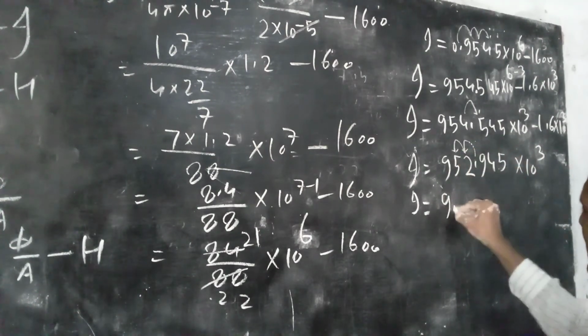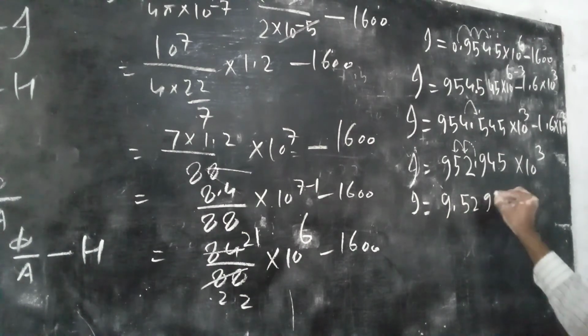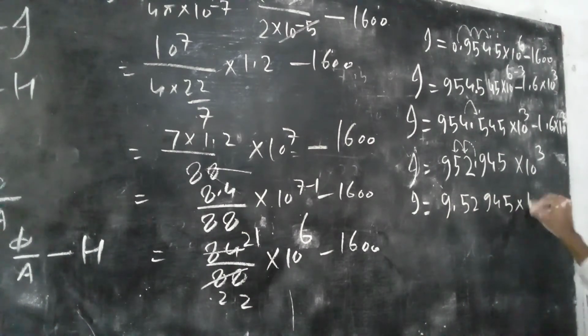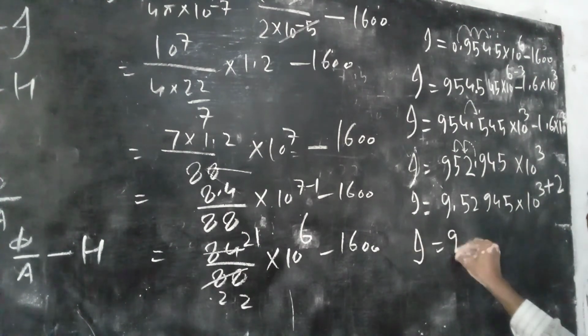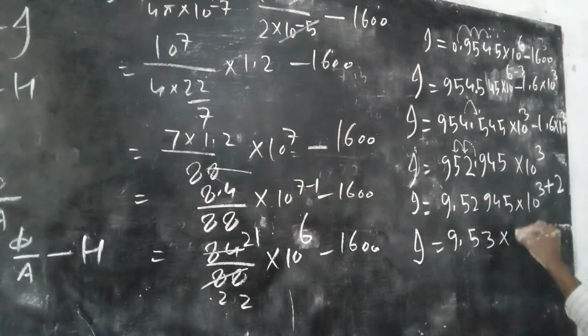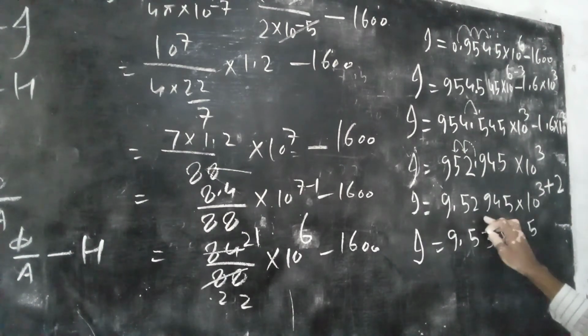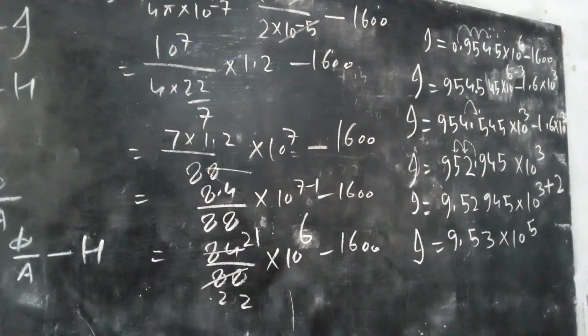So when you shift decimal 2 digits left, then the power of 10 increases by 2. So I is equal to 9.53 into 10 to the power 5 in round figure. This becomes 9.53 into 10 to the power 5 ampere meter minus 1. This is the correct answer. So write it down.